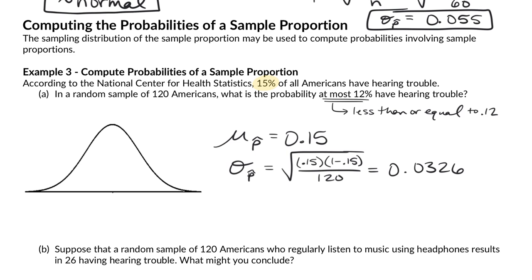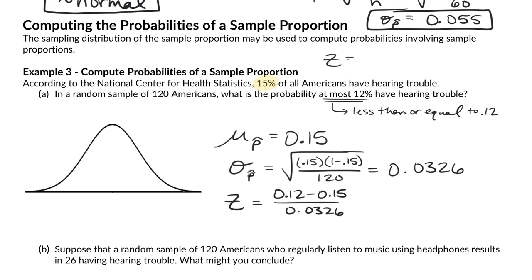Now the reason we wanted the center and the spread, the mu and the sigma for this particular statistic, is that we need to figure out the z-score for this particular value. Meaning we're going to find the z-score where the number I care about is 0.12. I subtract the mu and I divide by sigma. If you're like, Ms. Quigley, what formula are you using? Thank you so much for asking.